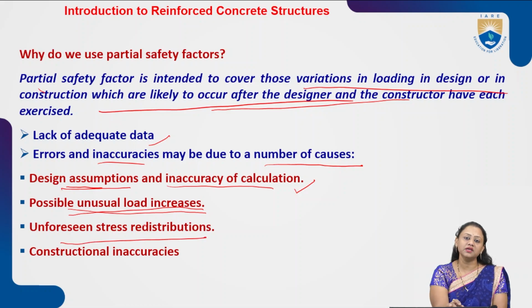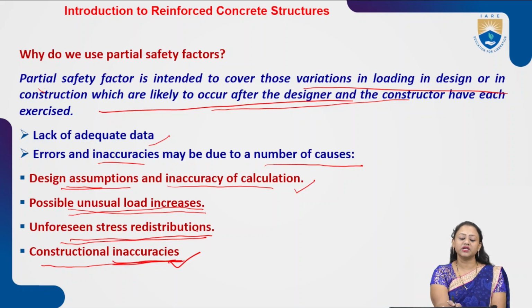There can be some unforeseen reason due to which there is stress redistribution, and there are construction inaccuracies. During construction practice, the entire construction is dependent on workmanship. So there can be inaccuracies during construction. The design calculation may be inaccurate, or there can be inaccuracies due to construction practices.